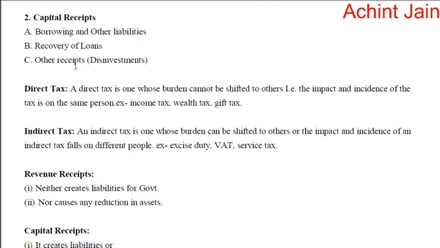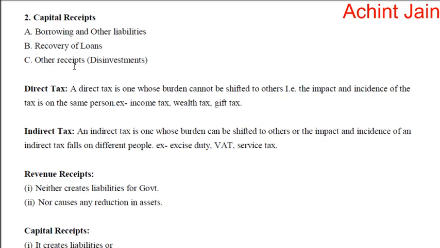Under it we have two categories especially. One is disinvestment and the next one is borrowings. Disinvestment refers to withdrawal of existing investment. For example, the government of India undertook disinvestment by selling its shares in Maruti Udyog.